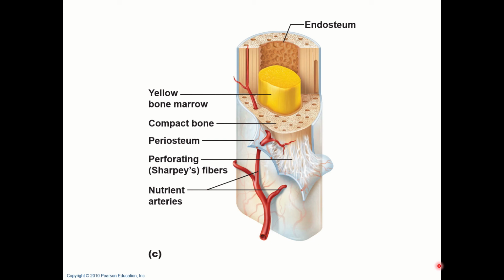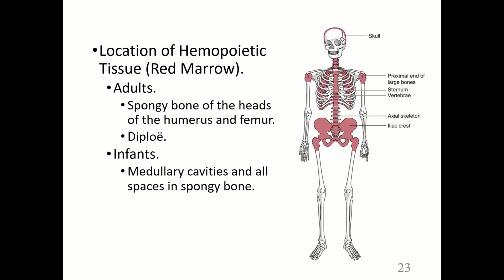Bone is a very much alive and highly metabolic organ. This is the location of hemopoietic tissue, or red bone marrow, in adults. We can see that it is going to be concentrated in the spongy bones of the heads of the humerus and femur. Recall that I explained that the proximal epiphysis is also called the head.